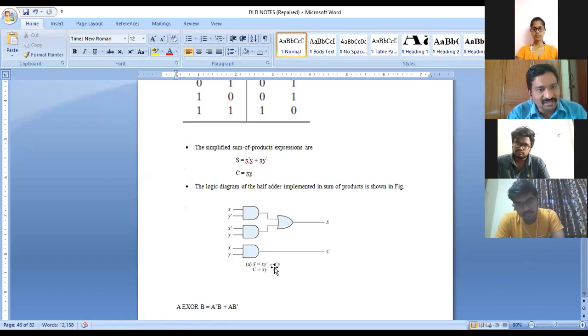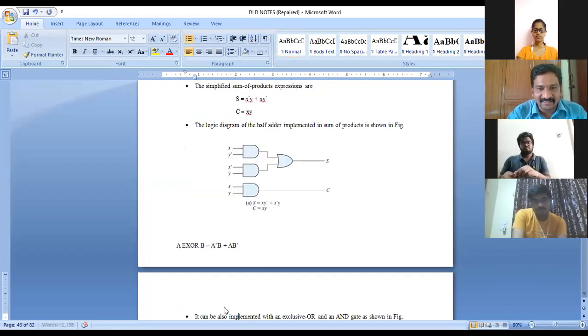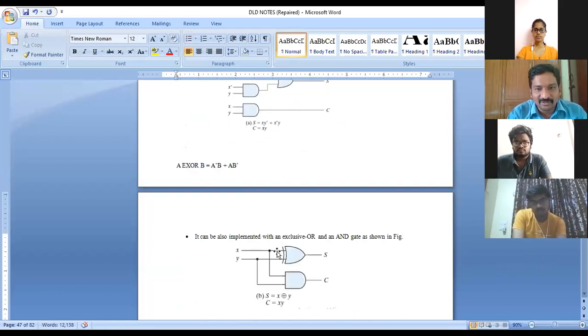So it is x dash y plus x y dash, which is normally x XOR y. So we can rewrite this as x XOR y. What is the symbol for x XOR y? This is the logical gate symbol for x XOR y. x XOR y is the sum.